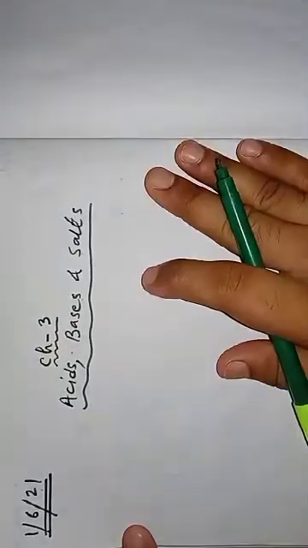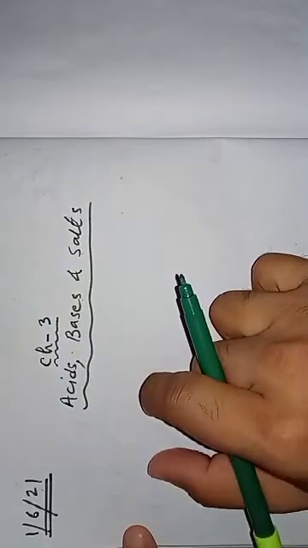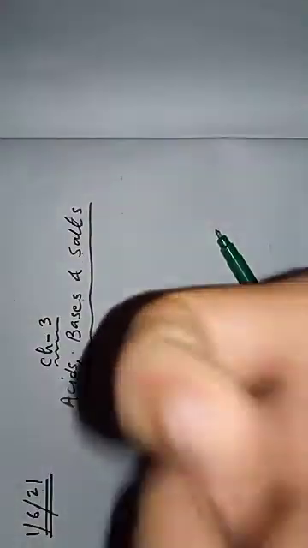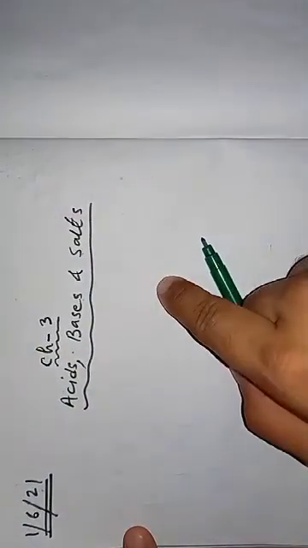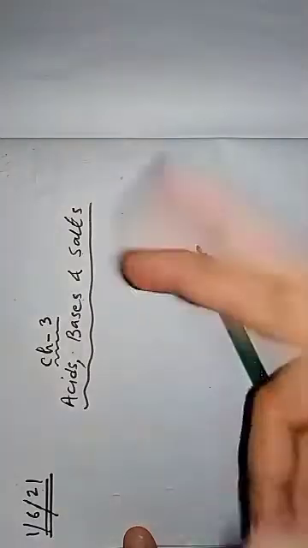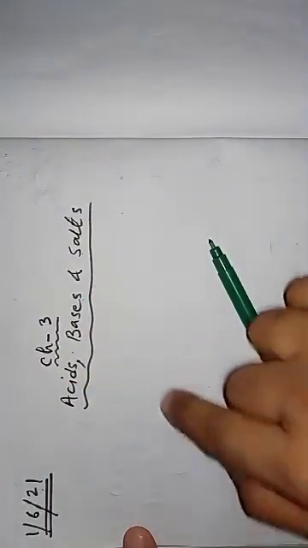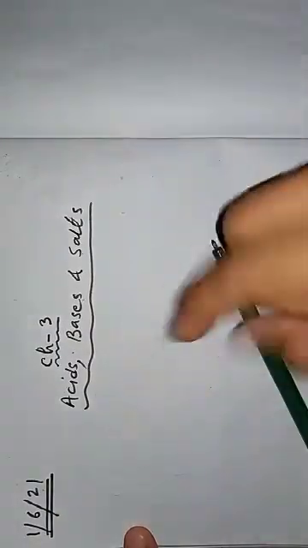And you understood this concept very well, that concentration means what is the percentage, what is the ratio of acid in comparison to water. Okay, that is the concentration. More is the percentage of acid, more is the ratio of acid in the solution.